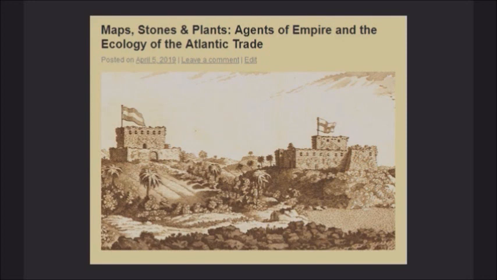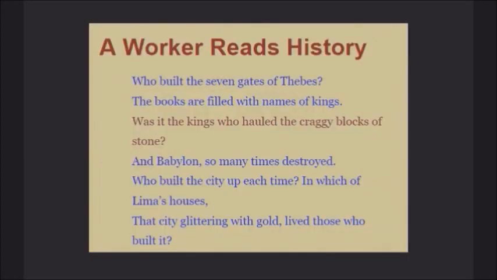Stones don't assemble themselves in these forms spontaneously. They're built. And workers read images like this in a very different way than those who are their masters. This is something brought to light by a very powerful poem in the modern era, entitled A Worker Reads History.